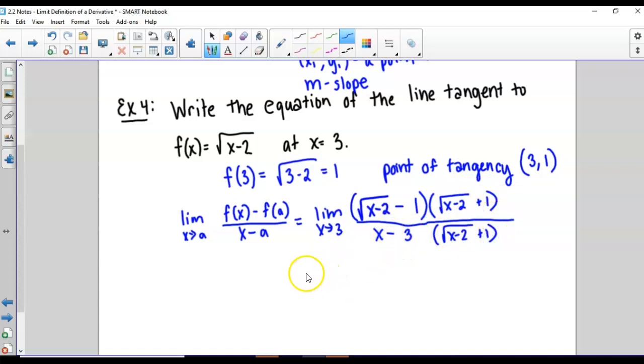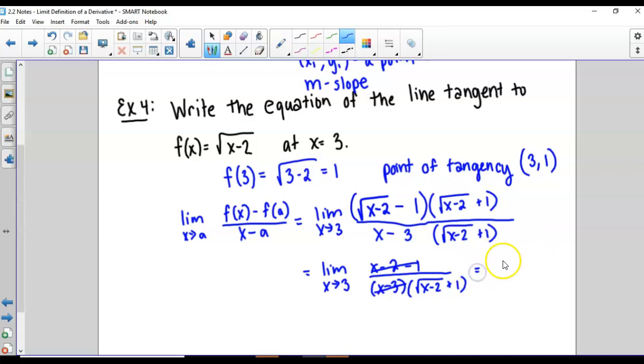And so we will get the limit as x approaches 3 of x minus 2 minus 1 all over x minus 3 times square root of x minus 2 plus 1. If I go ahead and cancel this top and bottom, that x minus 2 minus 1 is going to be x minus 3.